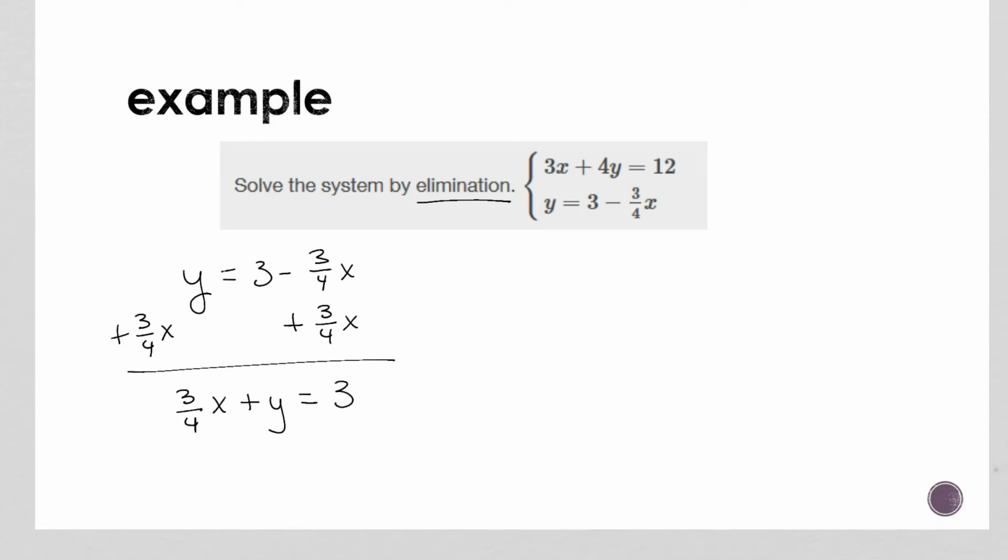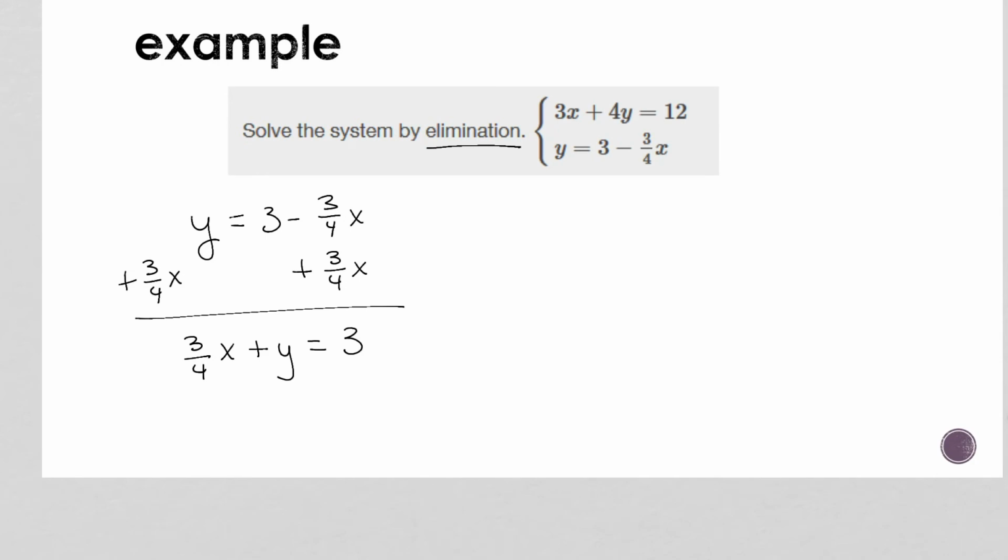Now, it's so much easier to deal with this whenever we can deal with whole numbers, right? So I'm going to get rid of this fraction right here by multiplying by 4, okay? And if I multiply by 4, then my coefficients will be whole numbers.